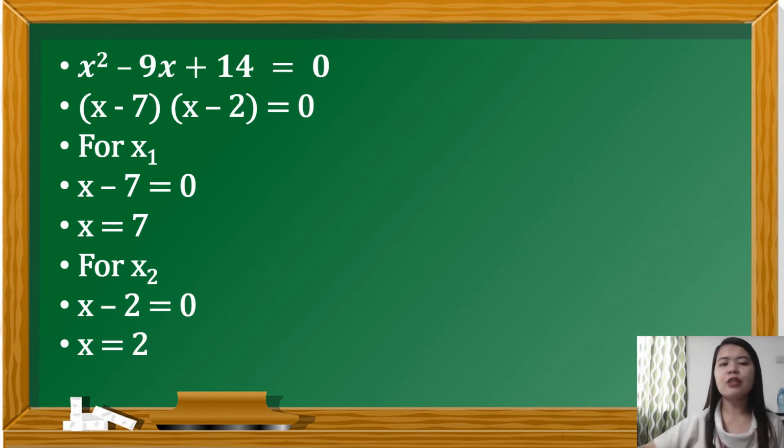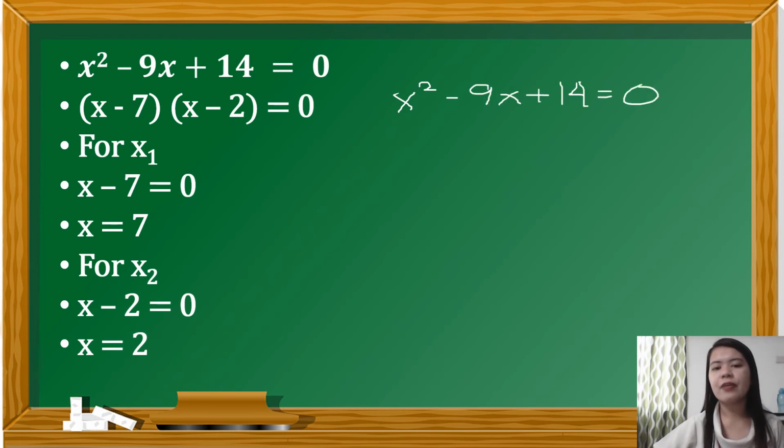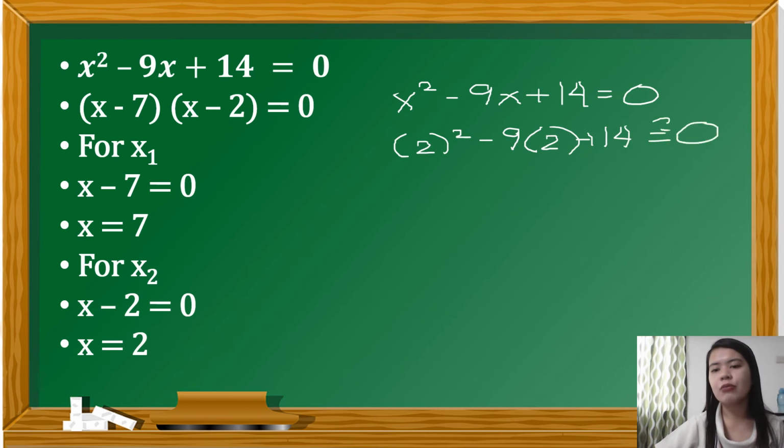For our second one, we have x equals 2. So, we will substitute in our x squared minus 9x plus 14 equals 0. We will have 2 squared minus 9 times 2 plus 14. Is it equal to 0? So, 2 squared is 4. Minus 9 times 2 is 18.